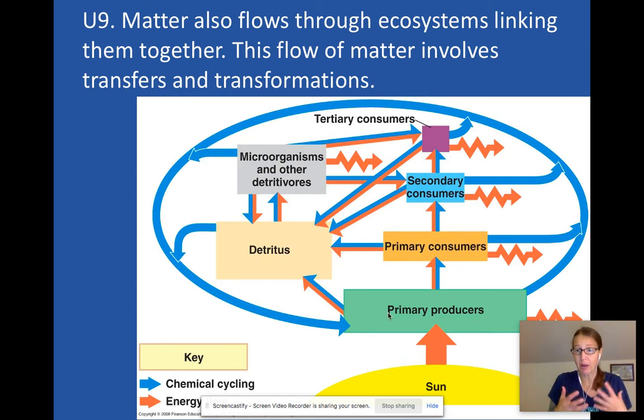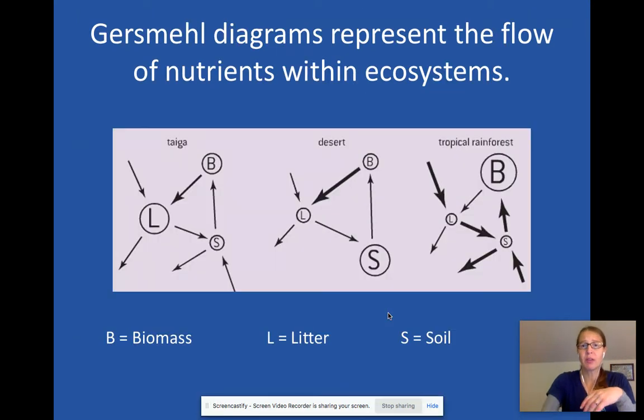And we're going to be learning about some of these cycles in a lot of detail, like how these nutrients move from either the atmosphere to the organisms, to the soil, and different routes around it. But for now, I'm just going to talk about nutrients in general. These diagrams that I have in front of you here are called Gersmehl diagrams. They show the flow of nutrients within an ecosystem. So just general nutrients.